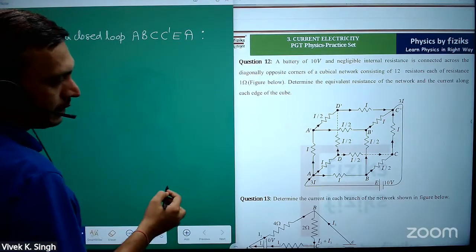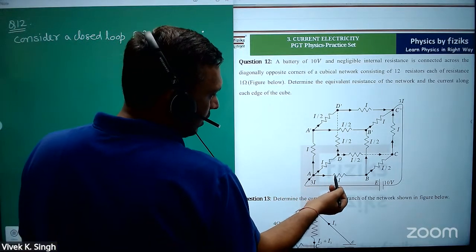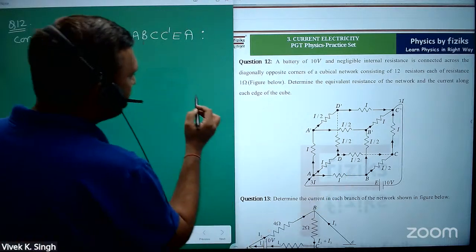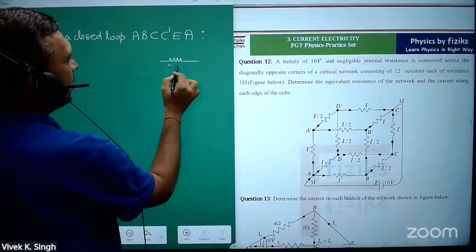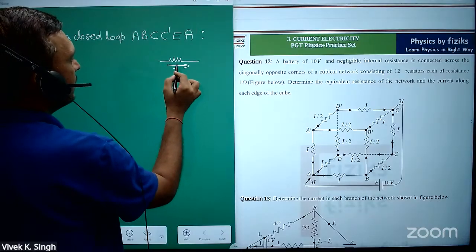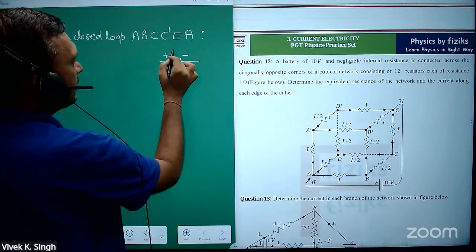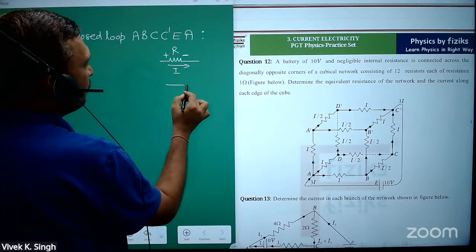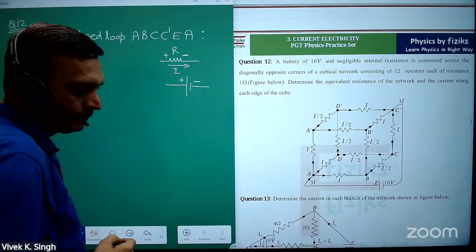And you know what the polarity of the current will be. If in a particular resistor the current is flowing in this direction, this will be at higher potential and this will be at lower potential. Let's say this is R. And if you have a battery, this is minus, this is plus.